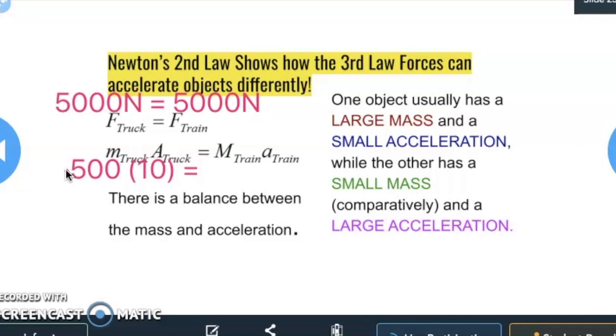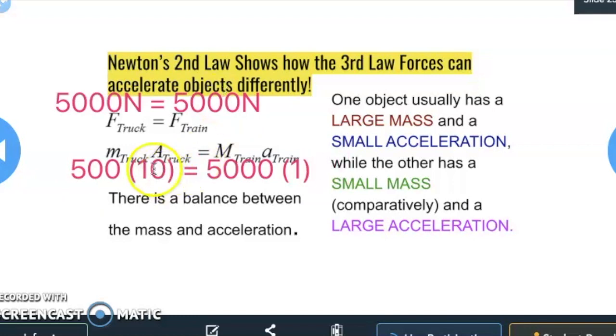But the force on the train also has to be 5,000 newtons, and the train has more mass than the truck. Trains are bigger. So let's say that the mass of the train happens to be 5,000 kilograms, much bigger than the truck. That would mean in order to get a net force of 5,000 newtons, my acceleration would need to be a lot smaller. It would need to be 1 meter per second squared.